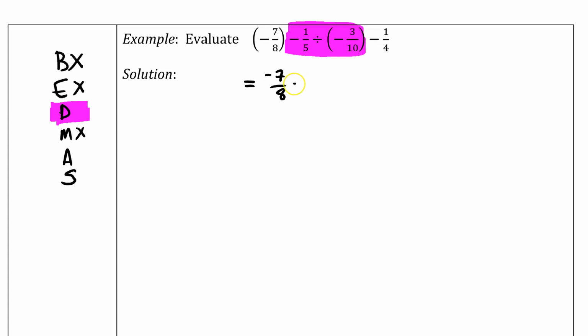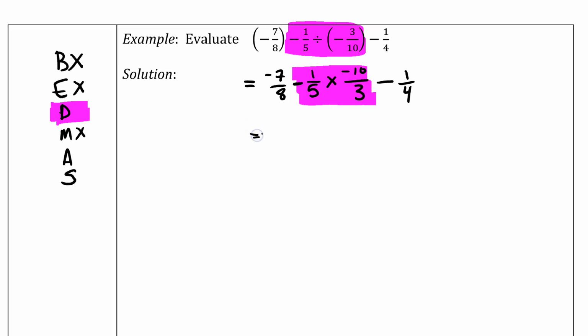I'm just going to say minus 1/5 times -10/3. I'm going to take this in 2 steps because I want to find the reciprocal first, and then I'm going to multiply. Then I'm going to put my minus 1/4. I'm just going to highlight this again just to let you know this is a 2-stepper.